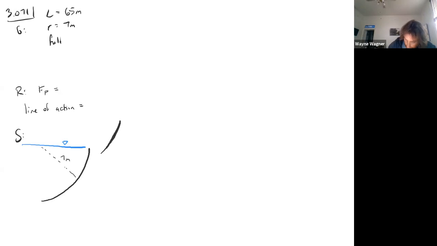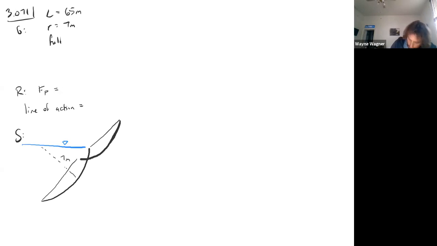What we've got here, and this one's a little bit harder, and I'm going to draw the picture down here, is a semicircular dam, so it's like this. It's got a radius of 7 meters, and it's full of water. I'm going to do my best to draw that to give you an idea what's going on here.